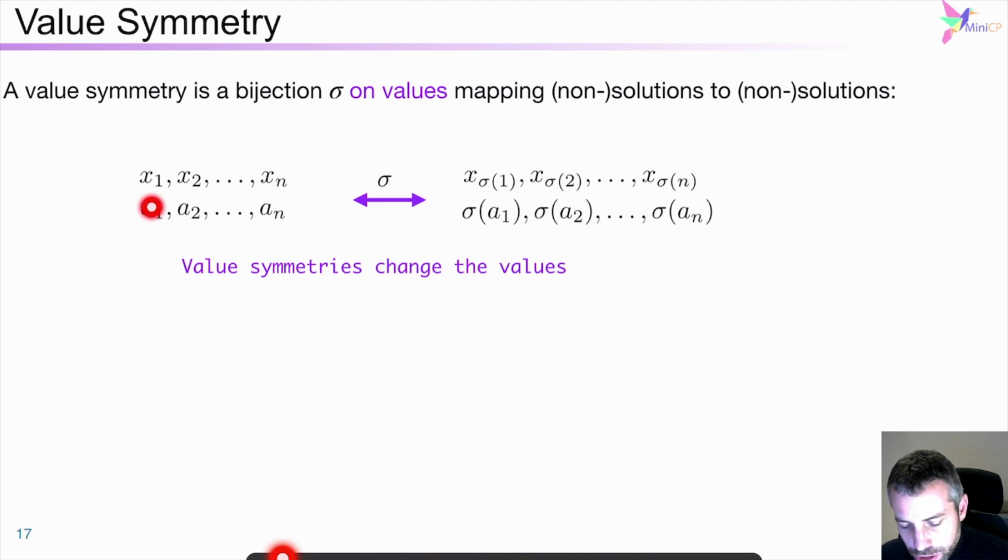If this is a solution, then once you apply the mapping on each of the values of your solution, you still get a solution. That's also true for non-solution. If this is a non-solution, by applying the mapping, you also have something that is still not a solution. We call such a bijection function mapping sigma a value symmetry.